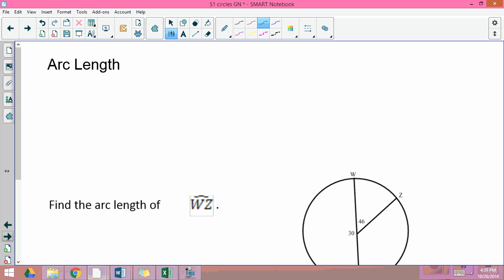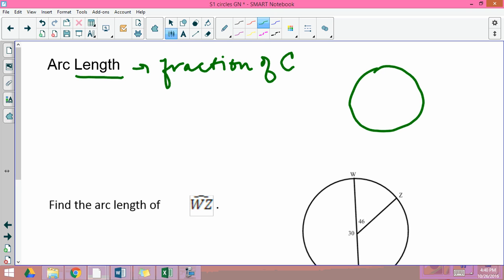Another thing we can talk about is arc length. Now don't get arc measure confused with arc length. Arc length is what fraction, what portion of the circumference. It's a fractional piece, because we're really going to talk about how long this is, and we need to know what fraction of the distance all the way around it is.